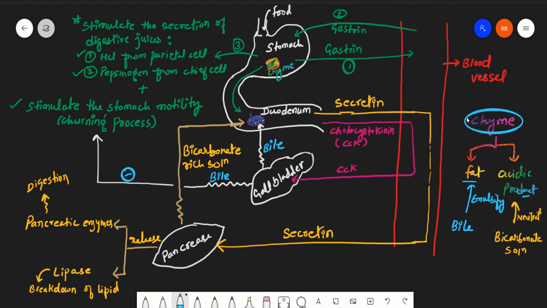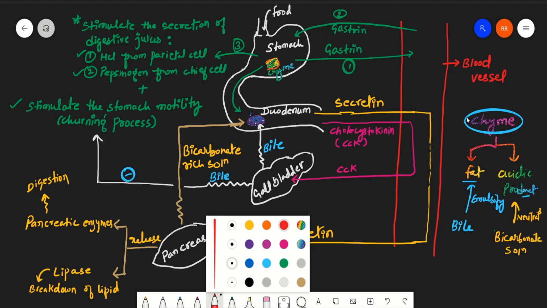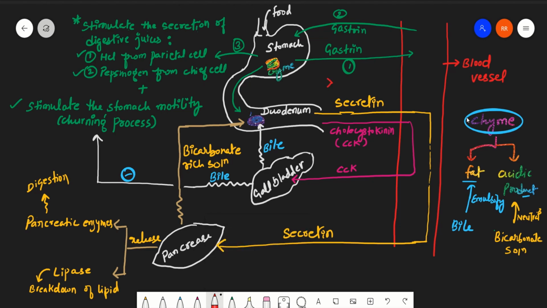Another important thing you should know: once the pH of the stomach is less than 3, means 2 or 1, it will inhibit the release of gastrin.